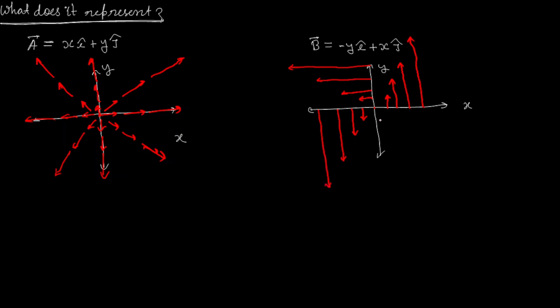Okay, and on the negative y-axis, again we'll put y equals minus 1, minus 2, minus 3, and x will be 0. So what will we get here? Already there is a negative sign, so it will give you plus i cap, plus 2 i cap, plus 3 i cap. So here the field will be along the direction of the positive x-axis, and the magnitude will also increase like this.